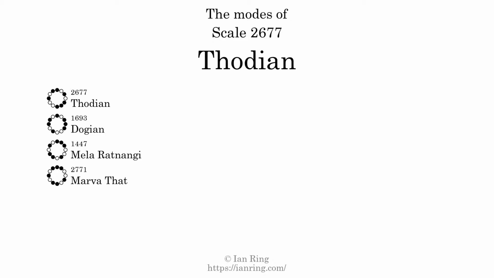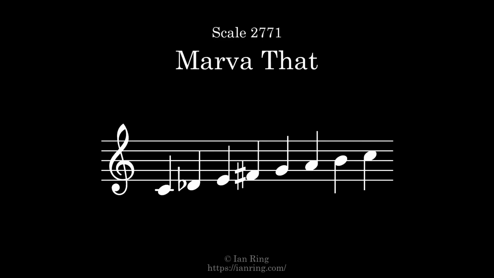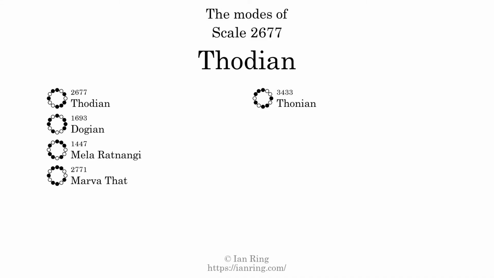The fourth mode is scale 2771, also known as Marvavat. It sounds like this. The fifth mode is scale 3433, also known as Thodian. It sounds like this.